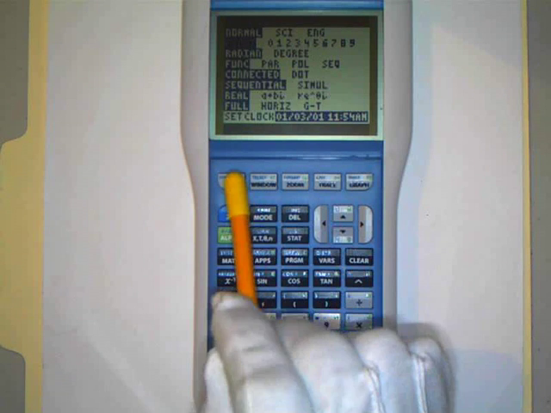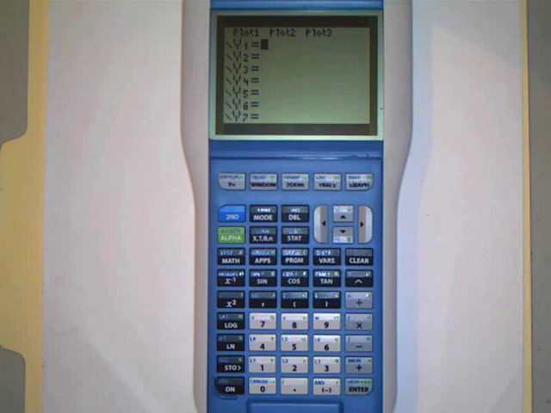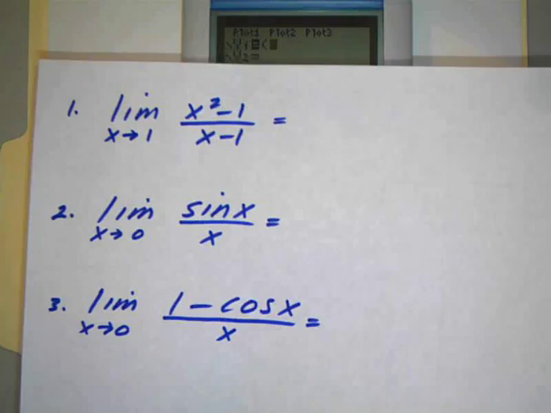Okay. Then we'll go to our graphing mode, and this is y1, and we'll put our function in. Now, remember, when you're doing fractions, you have to make sure you enclose the numerator and the denominator with parentheses if you have more than one term in the top or the bottom of a fraction. Otherwise, your calculator will miscalculate. We want to graph x squared minus 1 over x minus 1.